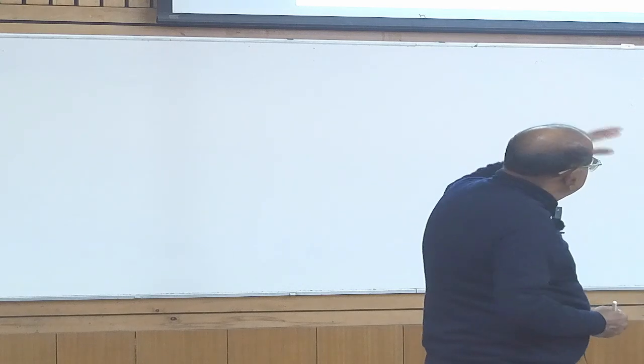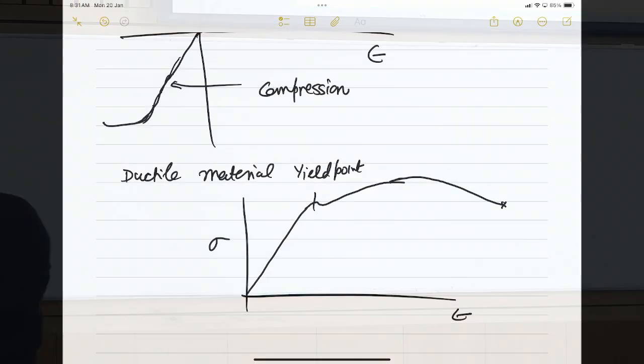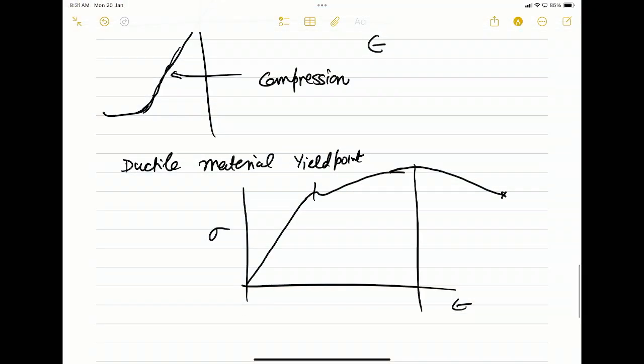And then there's a region called the region of strain hardening, where the material stress keeps on increasing.